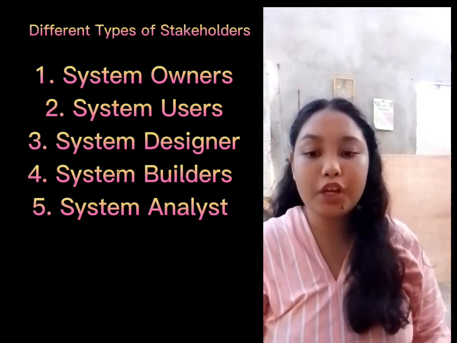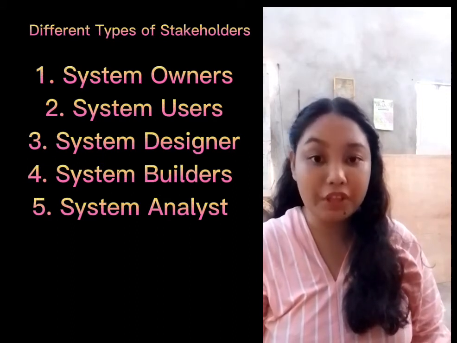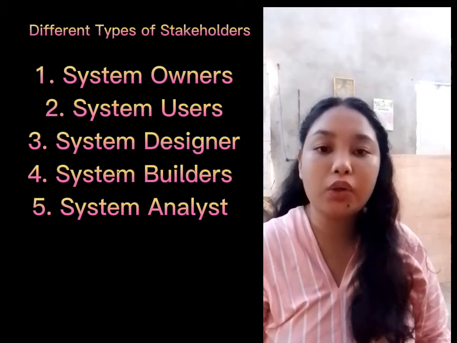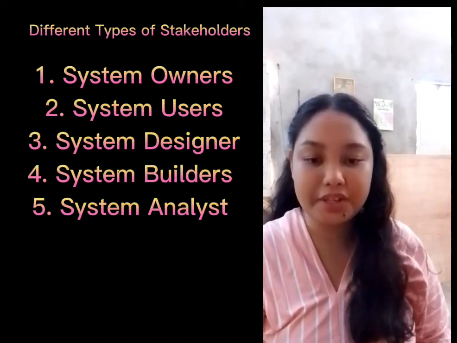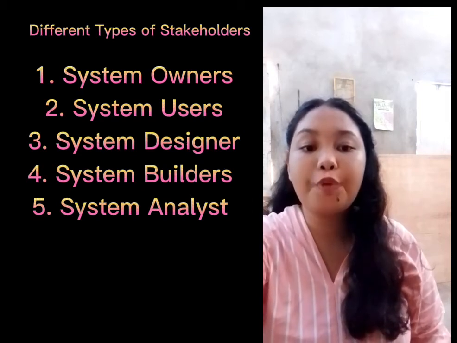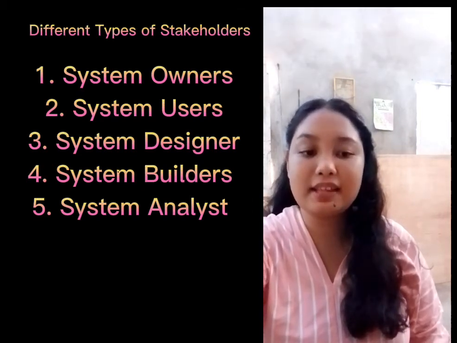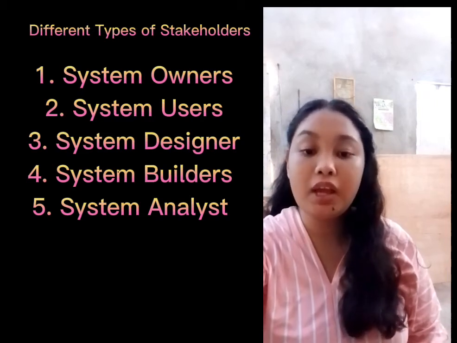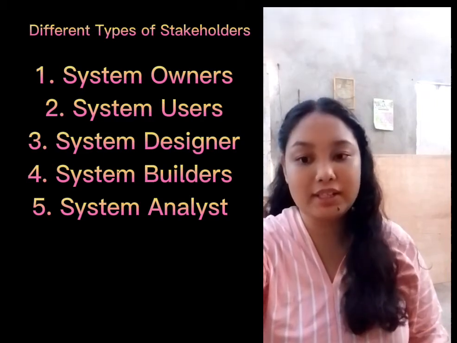The third type of stakeholder is the system designer. These are people who are responsible for the analysis and design of information systems that are involved in the operation of an organization.